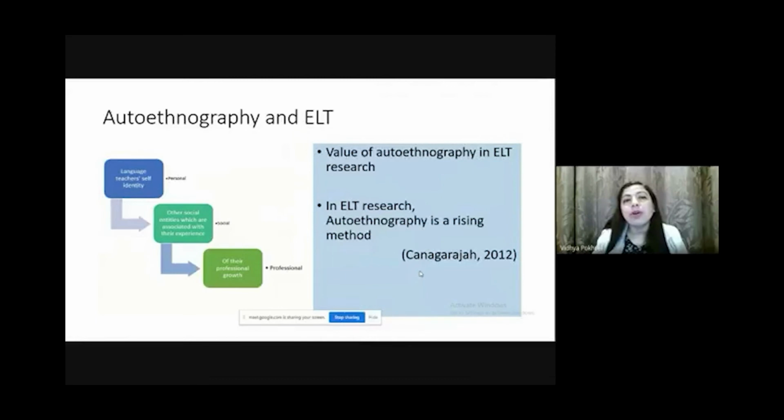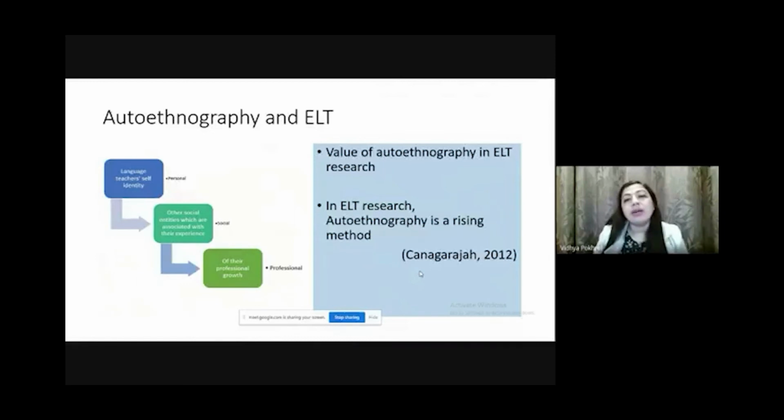Now, talking about autoethnography and ELT research, there is actually a big value of autoethnography in ELT research, because in ELT research, autoethnography is a rising method. This is what Kanagradza 2012 claimed. So autoethnography and ELT research are connected to one another because it consists of personal stuff, which is about language teachers' self-identity.